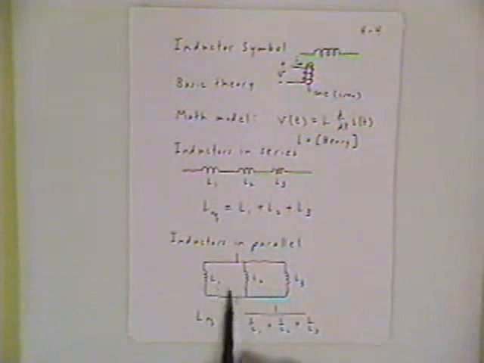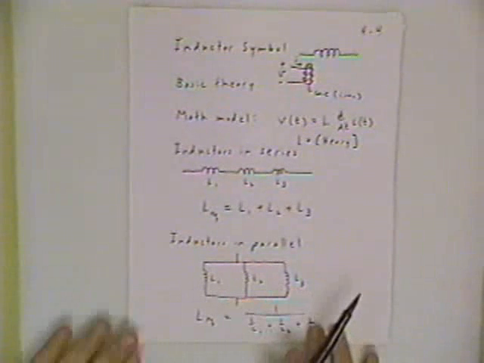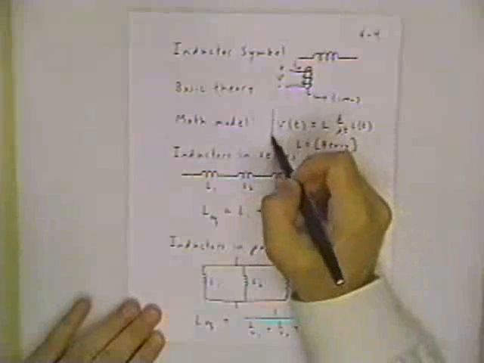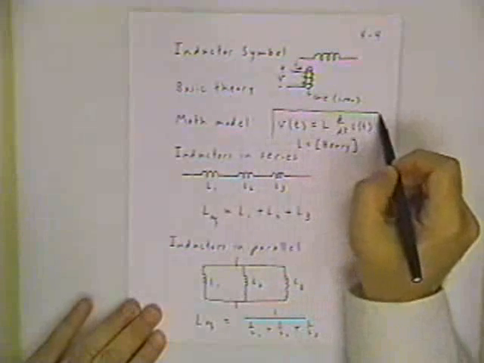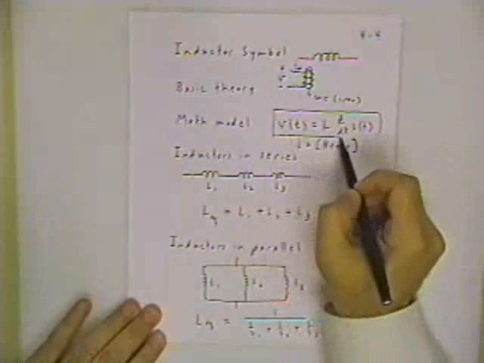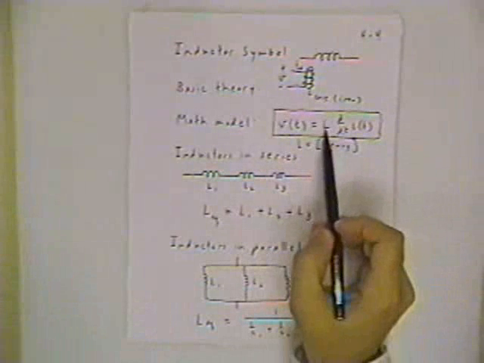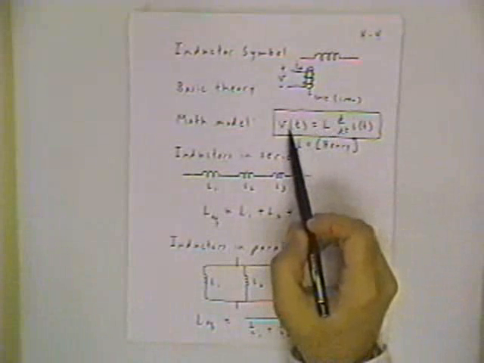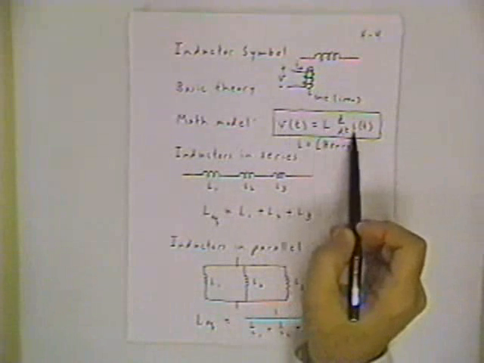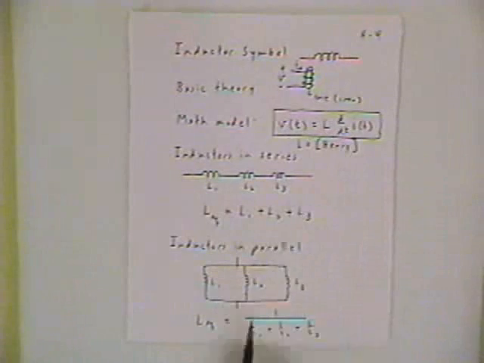And so, again, the way to remember that is to think of the inductors as analogous to resistors, but by no means is an inductor just like a resistor. Resistors obey Ohm's law, which says V is equal to Ri. For an inductor, the equivalent math model says V is equal to L times di/dt.